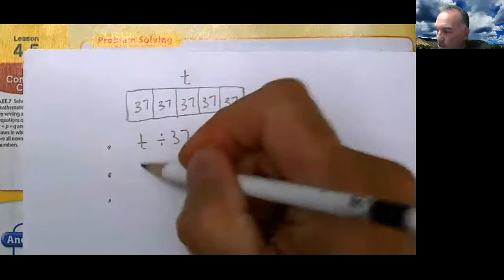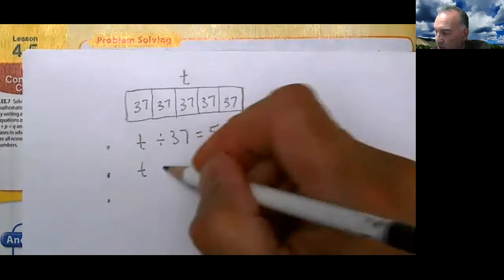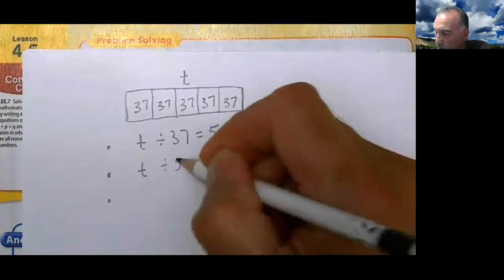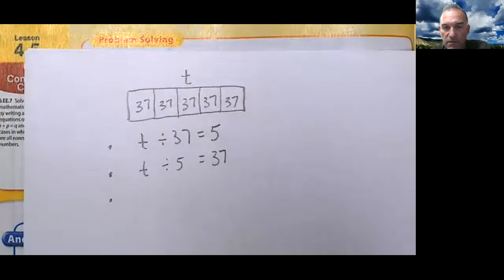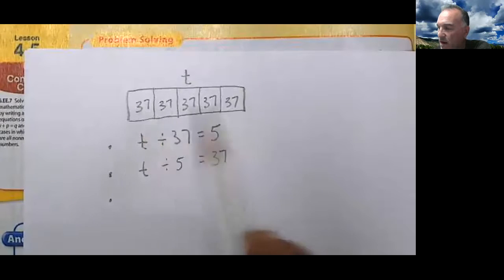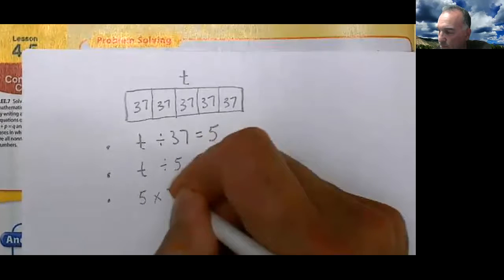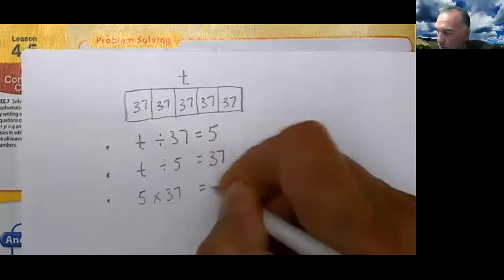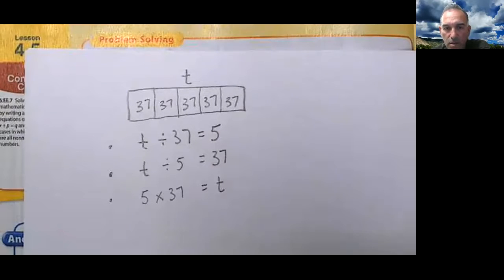Or I could do t divided by 5 equals 37. Or notice I could do 5 of those times 37 equals t. Each one of those is going to work.